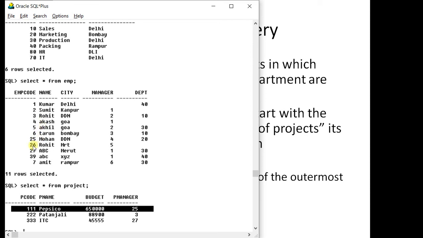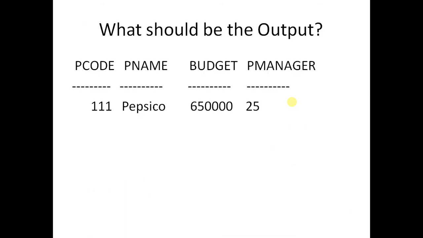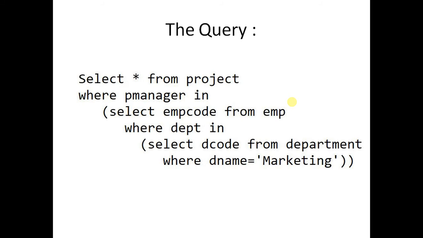Then select only those employee codes whose department codes are present in the department table, and in the department table the name of the department should be marketing. So this is how we have to go through this 3-level subquery. The output should be something like this: 111 PepsiCo 65,000. And the answer is this.